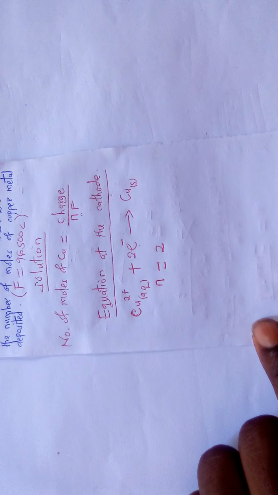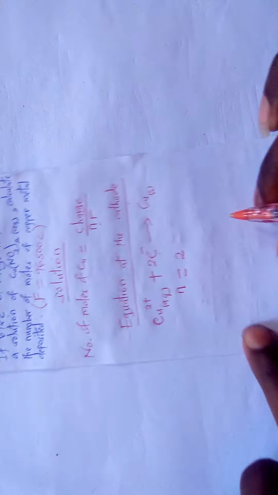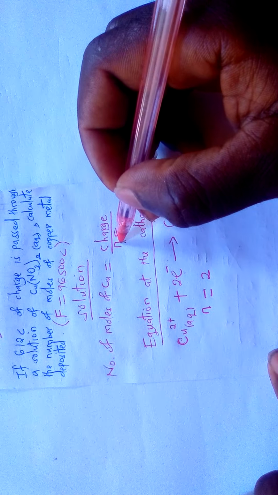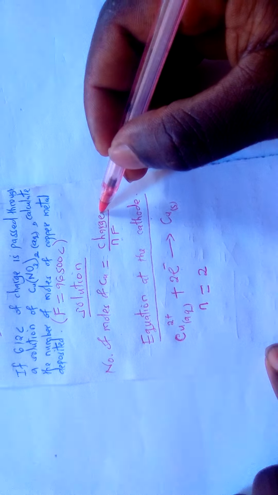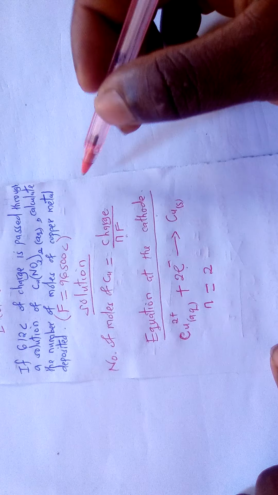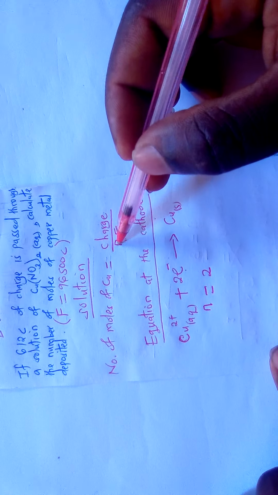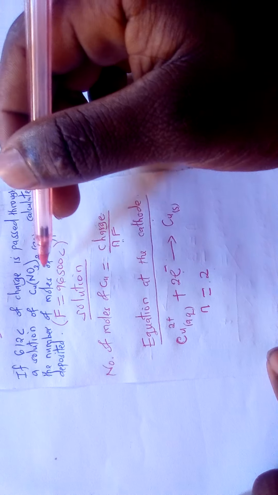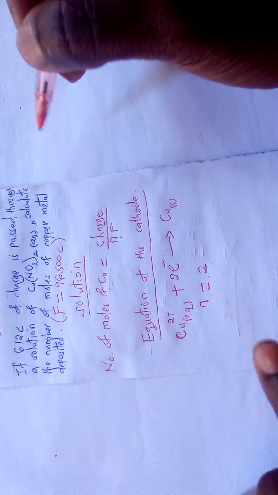As provided, after getting 2, you just substitute it here, because now you have everything: the charge as 612 and the Faraday constant, 96,500 coulombs as well. We've gotten the value of n, that is 2. So our work is now to substitute.